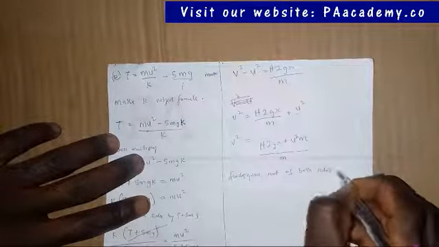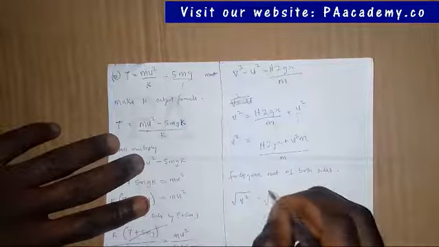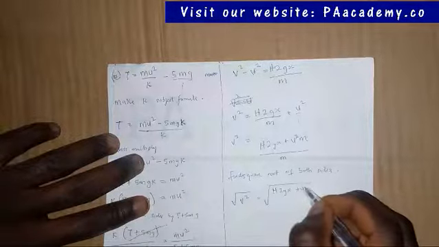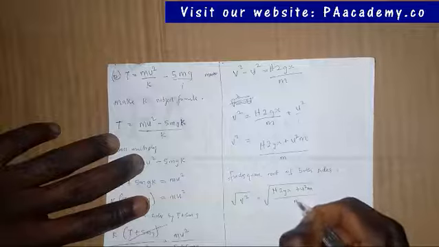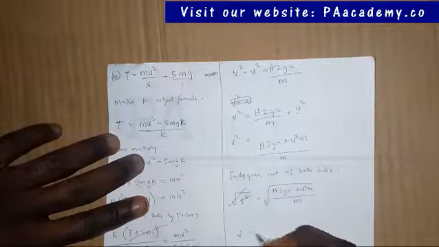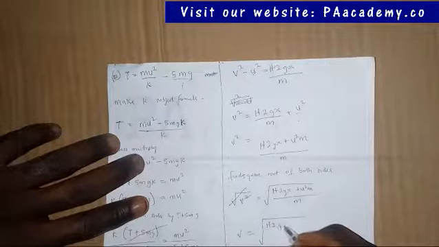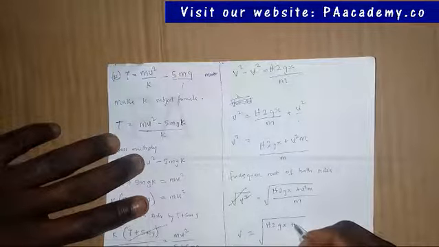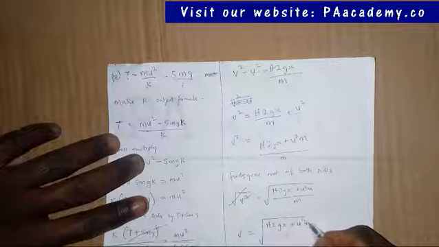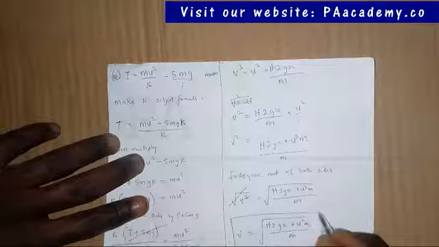That means we are going to be having square root of v square equals square root of h2gx plus u square m over m. The square root here will cancel the square, and then our v will give us square root of h2gx plus u square m over m, and this will be the final answer.